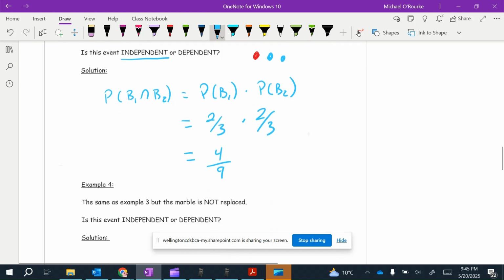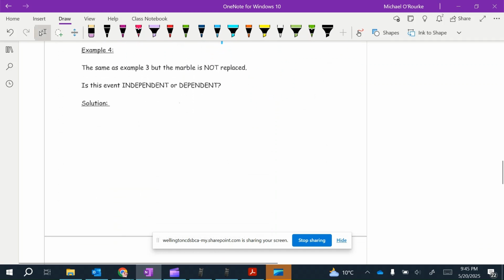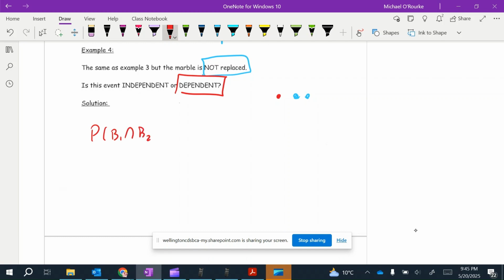if we replace it. Now, if we don't replace it, it's going to be a little different. That's going to be a dependent one. So we're looking at the probability of getting blue 1 and a blue 2. So the probability of getting a blue 2 given I got blue 1 the first time times the probability of getting a blue 1.